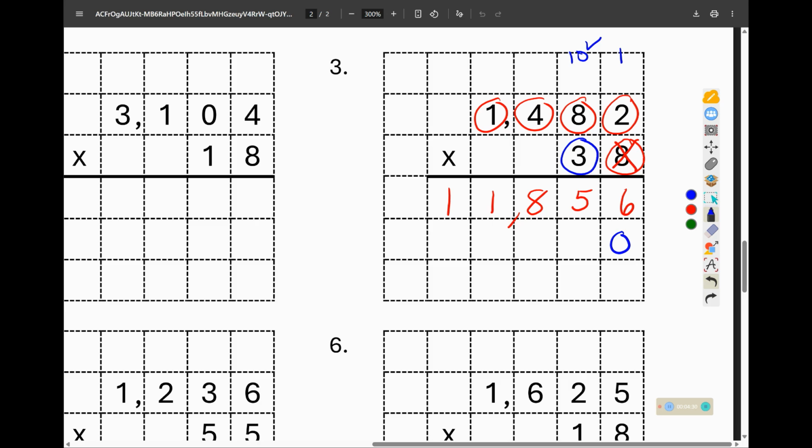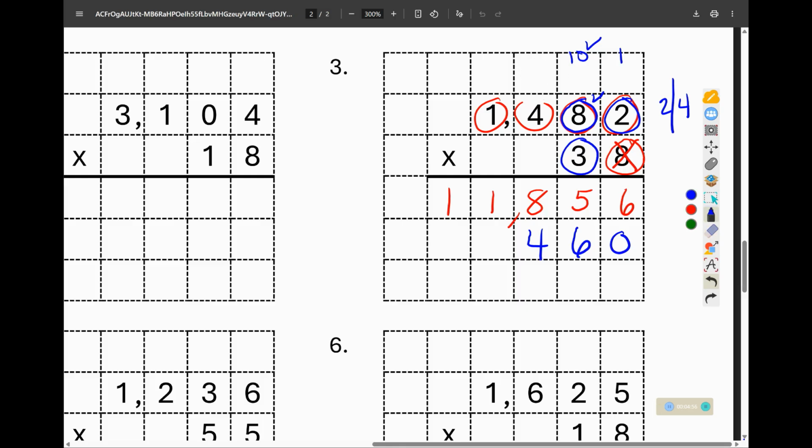3 times 2 is 6. 3 times 8 is 24. The 4 goes on the right. The 2 goes, be very careful. I just multiplied times 8. So my 2 goes above the 4.